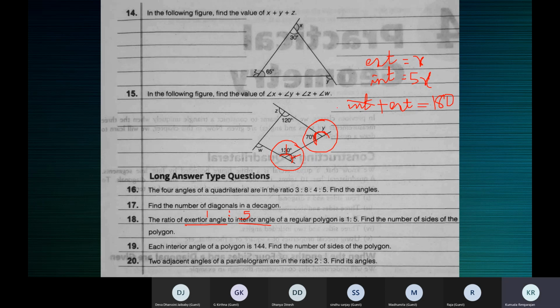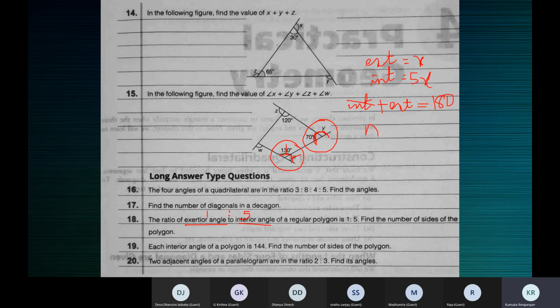That means the exterior angle is 30 degrees, because x is the exterior angle.